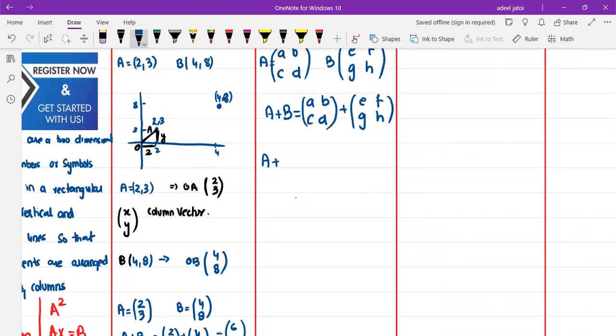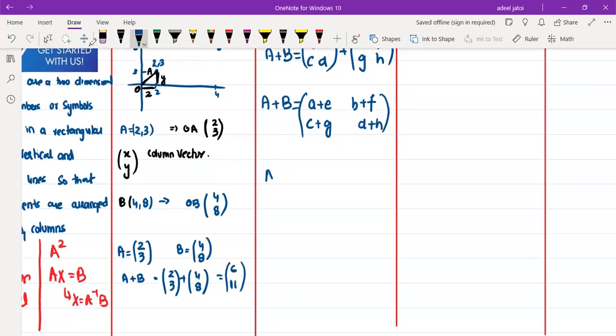For adding each matrix, we will always take our first value, that is A, plus E. Your B will be added with F, your C will be added with G, your D will be added with H. That means first value with first, second with second, third with third, and fourth with fourth. So this will be written as A plus E, B plus F, C plus G, and D plus H.